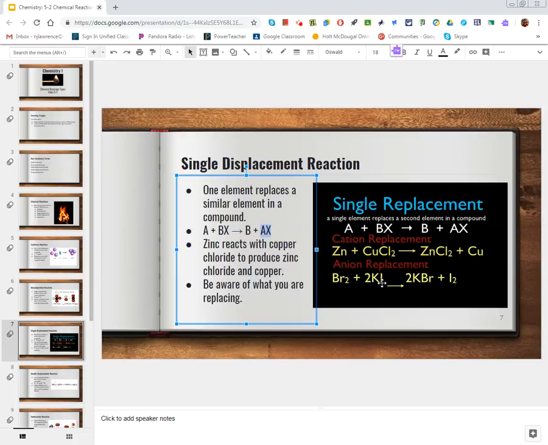It's going to be an anion. So in this situation, bromine is going to replace iodine. So again, the idea here is one element replaces another element to create a new compound and some other element by itself. Remember, your job is to be able to recognize and identify these. If I gave you the chemical equation, you can recognize it as single displacement.